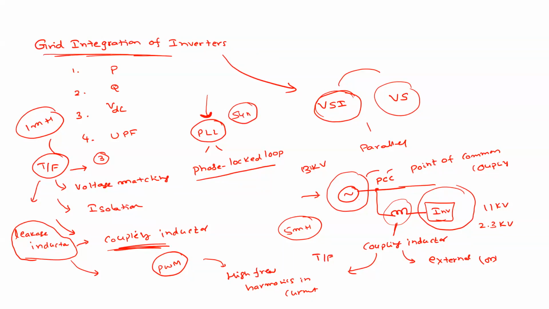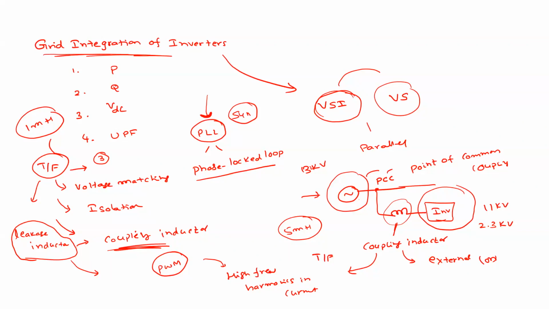You might remember from your BTech level the experiment of synchronizing the alternator with your grid using lamps. Based on the lamp illumination we can find the difference voltage. Whenever the lamps are completely off, the difference between the two is minimum, so the lamps are not glowing.